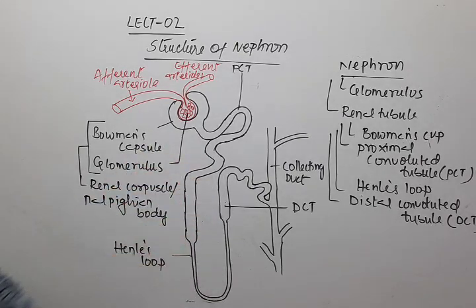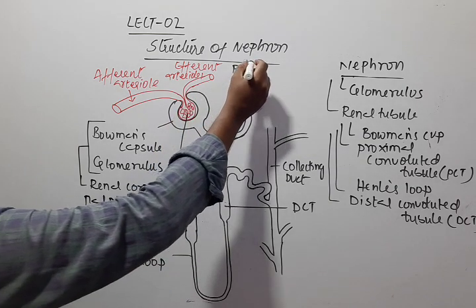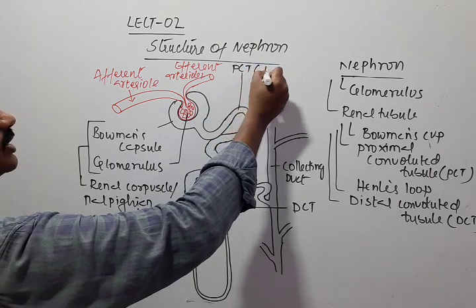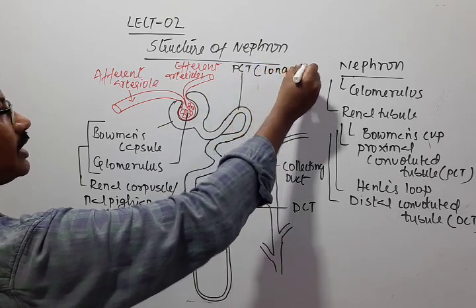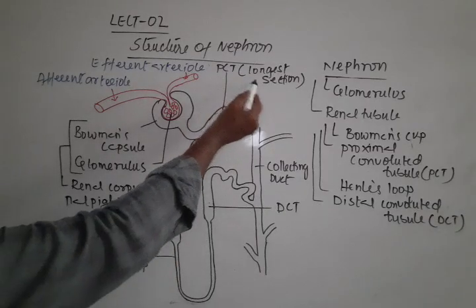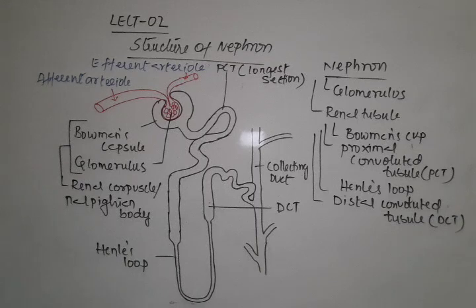Now, out of the different parts of the nephron, that is Bowman's capsule, the PCT, Henle's loop, and distal convoluted tubule, the longest section of the nephron will be the PCT. So the PCT is the longest section.